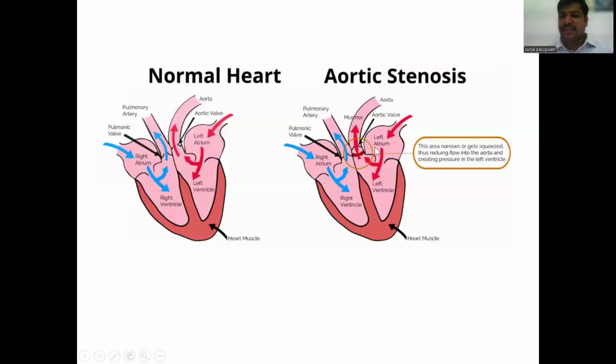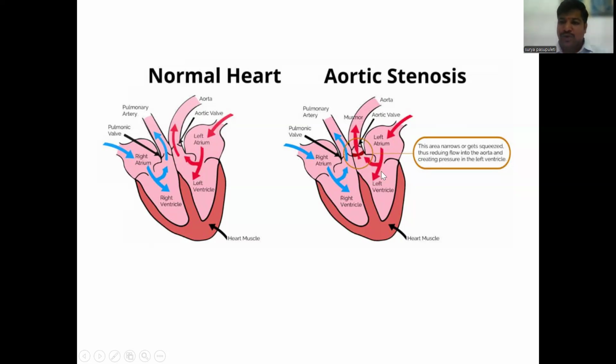And the next disease is aortic stenosis. In aortic stenosis, the aortic valve is the one which is present between the left ventricle and aorta. So when there is aortic stenosis, it narrows, or gets squeezed, and that decreases the left ventricular output.